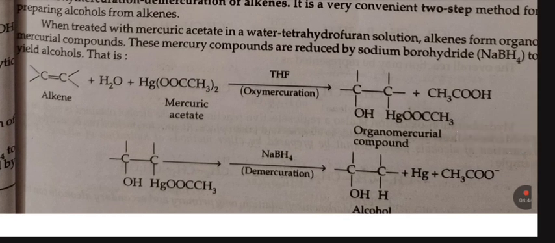These mercury compounds are reduced by sodium borohydride to yield alcohols, that is alkene plus H2O plus mercuric acetate. In the presence of THF, oxymercuration will take place and we will get an organomercurial compound.